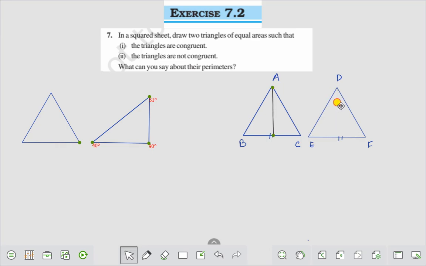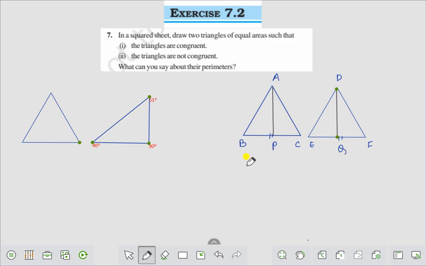You see, this height is same. Therefore, the area of this triangle is equal to the area of this triangle. Now, here we know that the area of a triangle is half base into height. The height is same. In this case, this height is equal to this height. In triangle DEF, this is P, and suppose this is Q. Here you can see that the area is same.